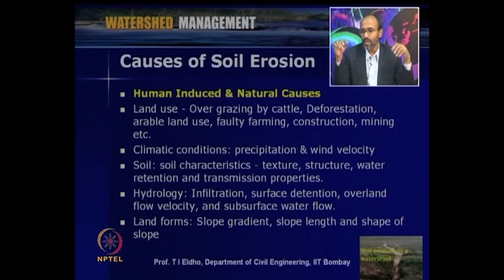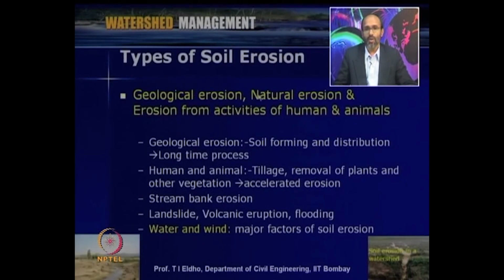So, when we are dealing with soil erosion, we have to deal with not only human induced causes, but also the natural causes as discussed here. Now, let us see what are the different types of soil erosion. We have seen various causes. Now, we can classify soil erosion into geological erosion, natural erosion, and erosion from activities of humans and animals.